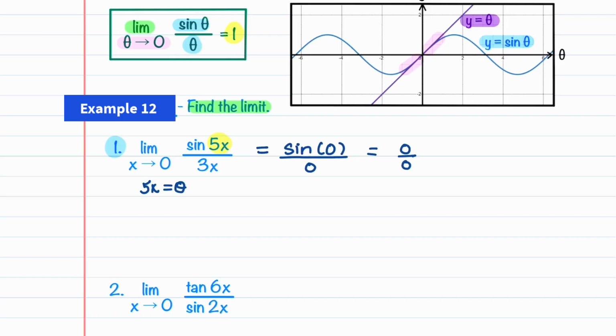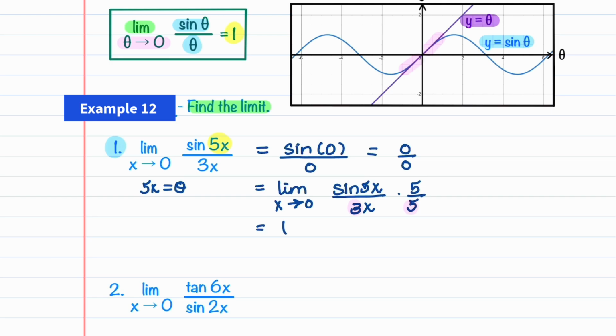So we can say that this is the limit as x goes to 0 of sine 5x all divided by 3x, and we're going to multiply by 5 over 5 because we can't change the problem and just divide by 5. Now what we're going to do is shift this 3 and this 5.